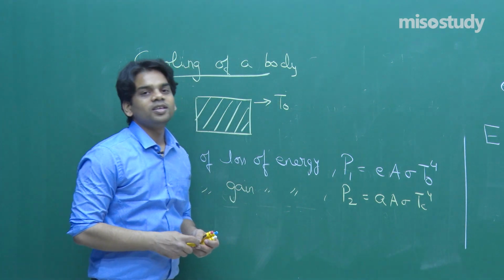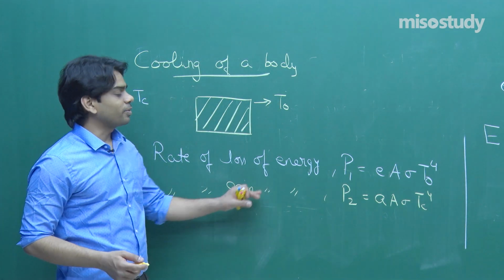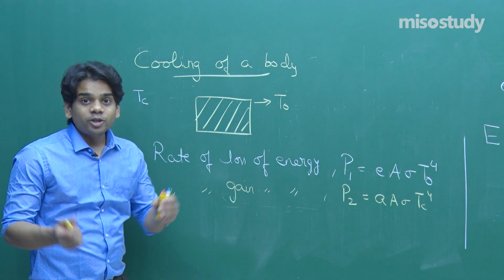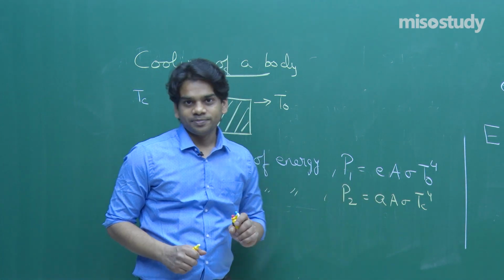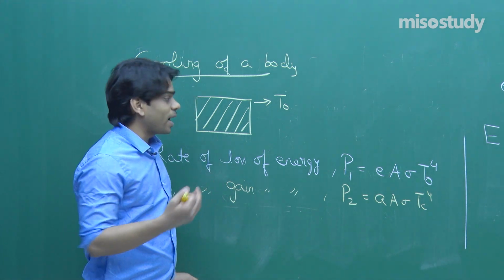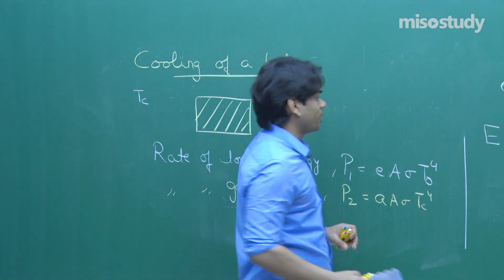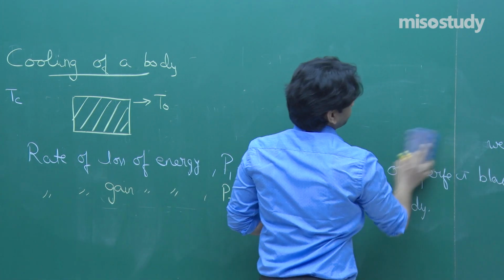This is the rate of energy that will be gained by the body. Now see, during equilibrium what will happen? T naught will become equal to Tc, because gradually it will acquire the room temperature.